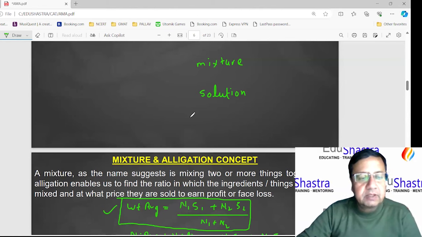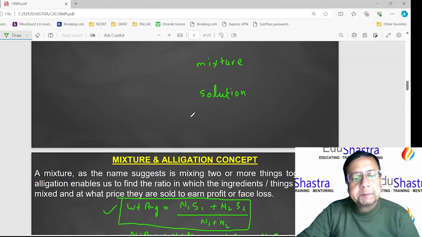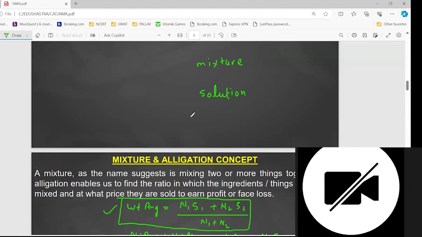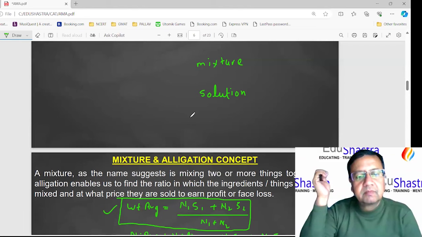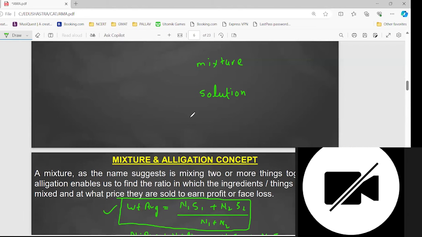Okay. So yes, Nandini, yes. Hello, sir. Good evening. Sir, according to me, a mixture is something where you mix two things and they are not dissolved within each other completely. For example, mixing salt and sand, we can take them out separately.